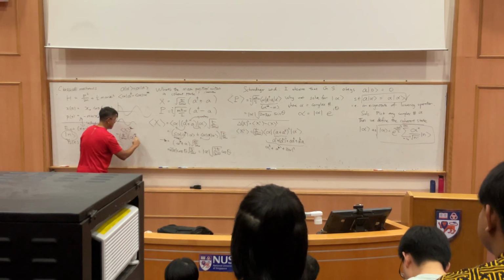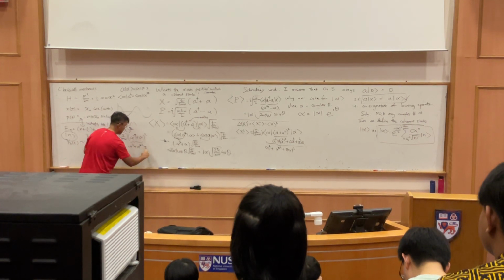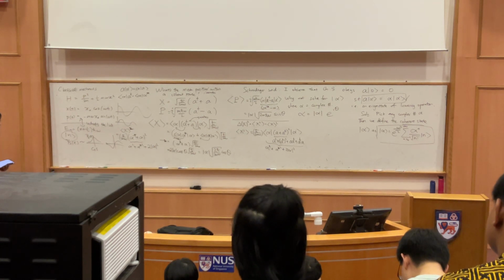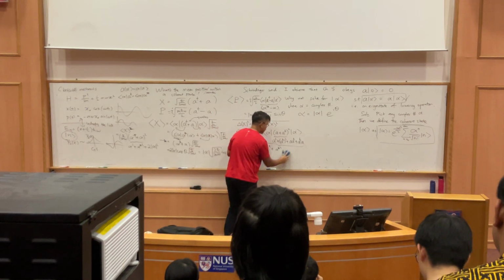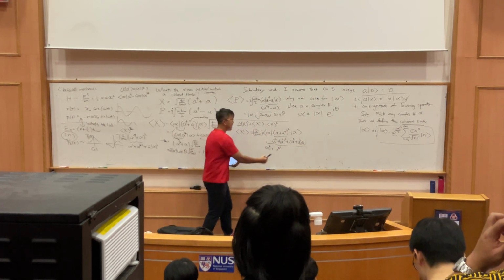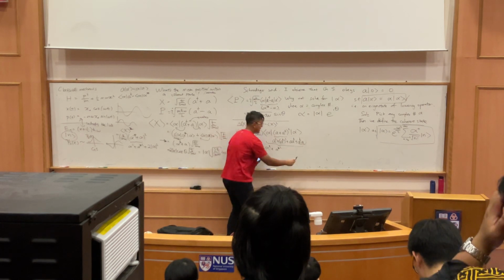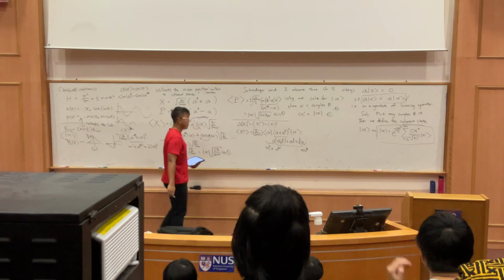Alpha star plus alpha, squared, gives me alpha squared plus alpha star squared plus twice mod alpha squared. Good. I made a mistake there. So I can replace everything by the complex numbers because this is the right order. If I hit a onto alpha first, I get alpha, then alpha star, which is mod alpha squared.